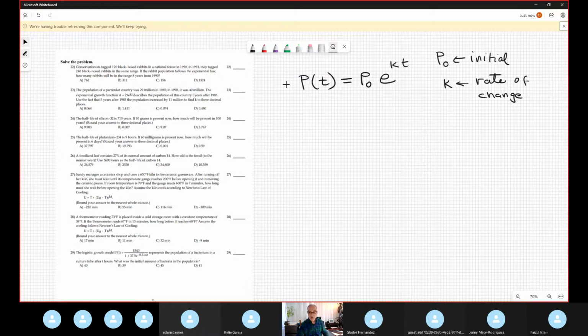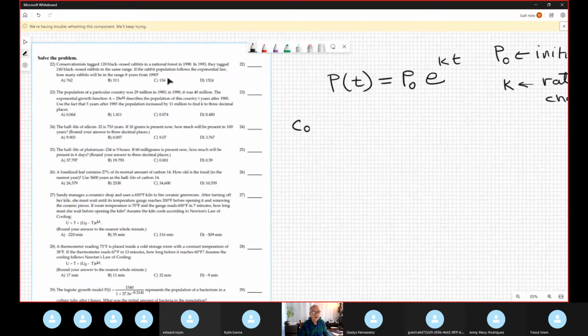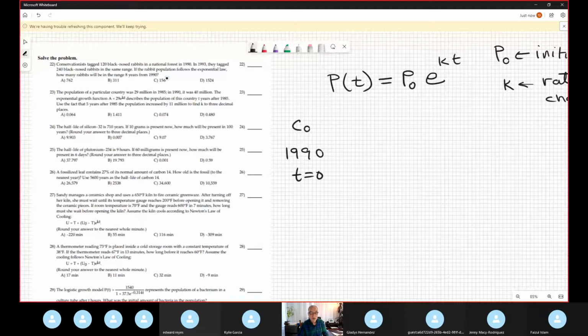So we have 3 conditions. Condition 0 is the initial, when you read the problem. The problem says that the natural forest in 1990, this is condition 0. This is t equals 0, initial. Now in 1993, obviously 3 years after, is condition 1.